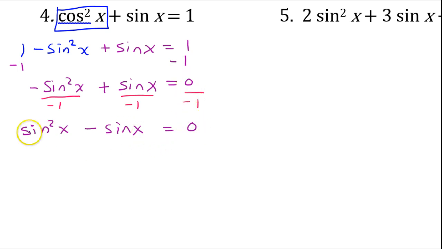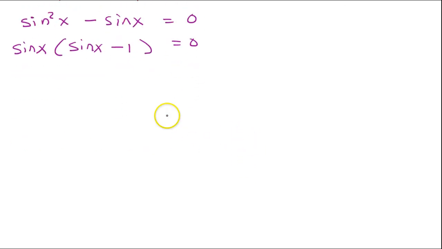The only thing I've got going on here is a common factor, sine x. So I'm going to take that sine x and pull it out into the front. That's going to leave behind sine x minus 1. And I can simply use the zero product property and set each one of these equal to 0 to find solutions.